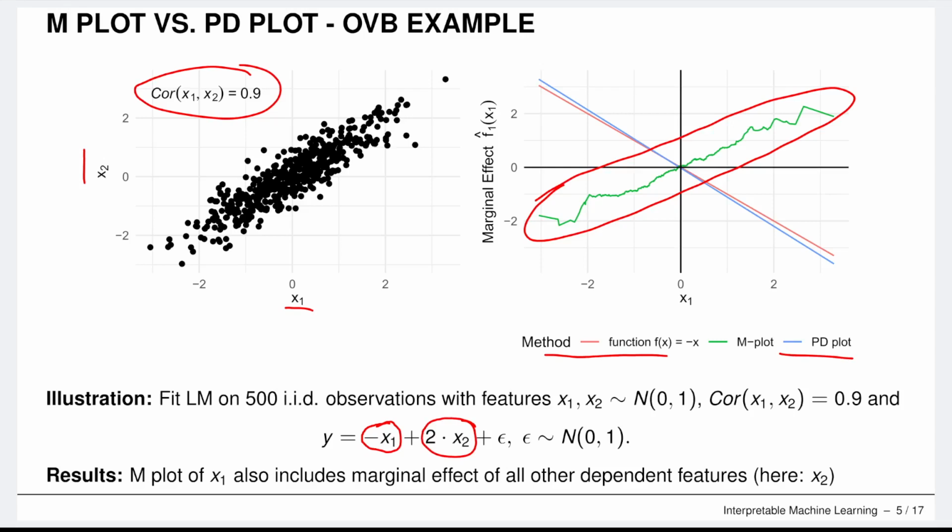So -1, which is the slope of the first feature, is summed up with +2, leading to a marginal effect that has a positive slope, which is then shown here in the M-plot. So the M-plot essentially mixes the marginal effects of features x1 and x2 and visualizes them, which is unwanted behavior if you are only interested in the marginal effect of x1.